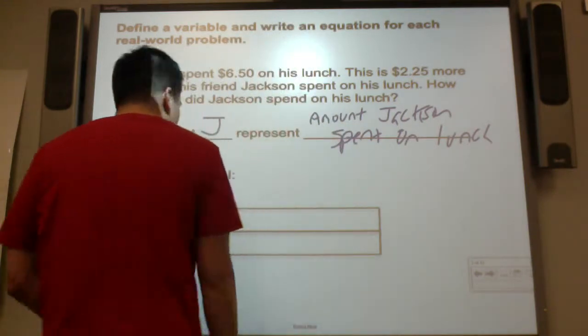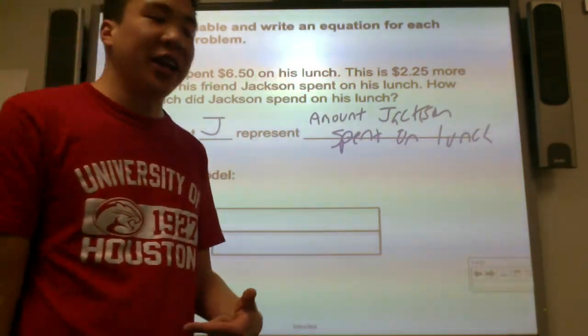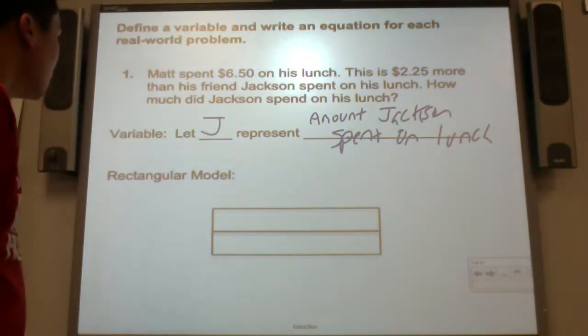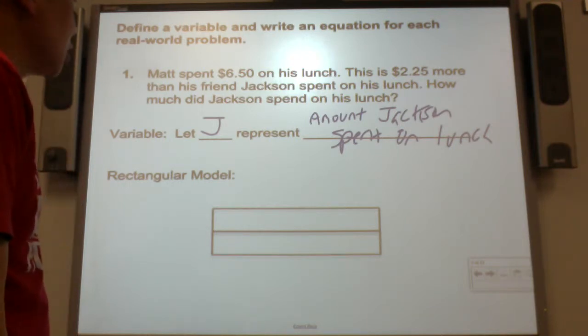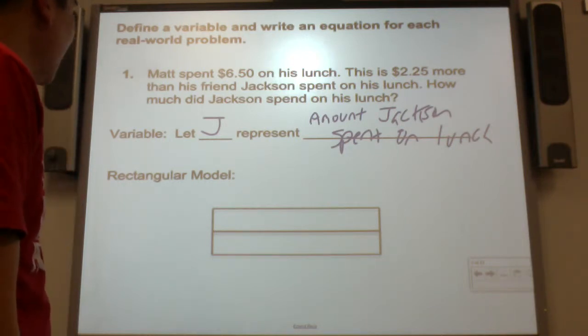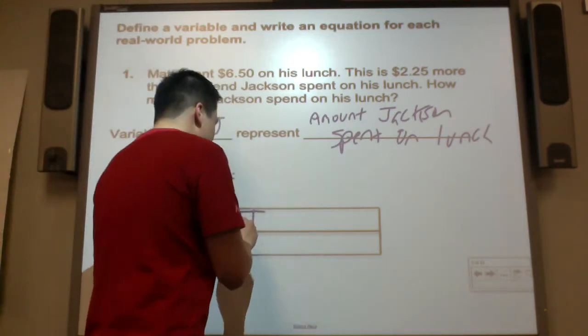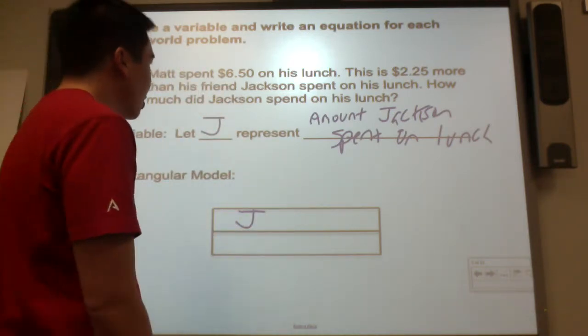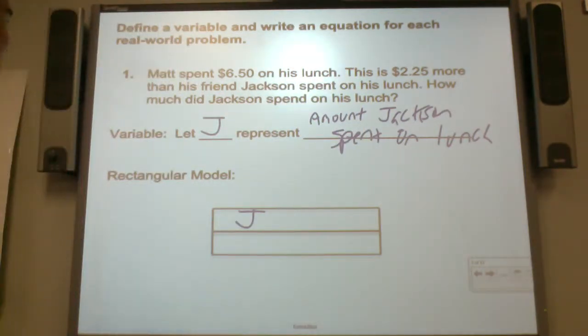So we are going to draw with the rectangular model, and using a rectangular model, we can come up with an equation. So Matt spent $6.50 on his lunch. This is $2.25 more than his friend Jackson. So we do not know how much Jackson spent on lunch. However, that is $2.25 more.